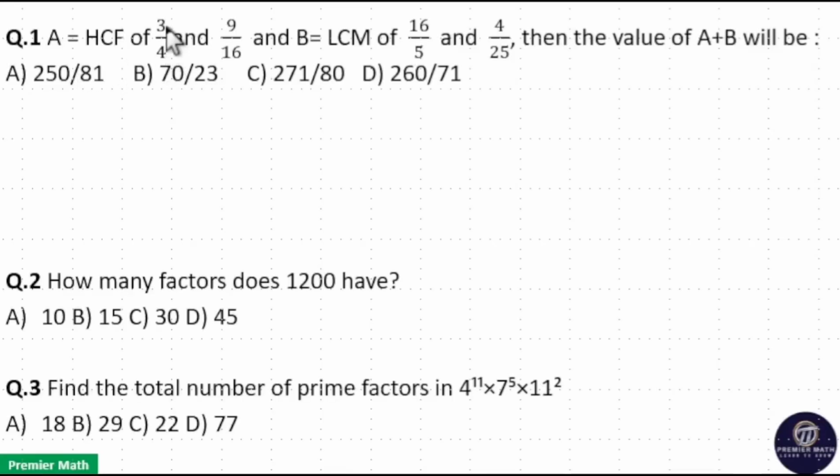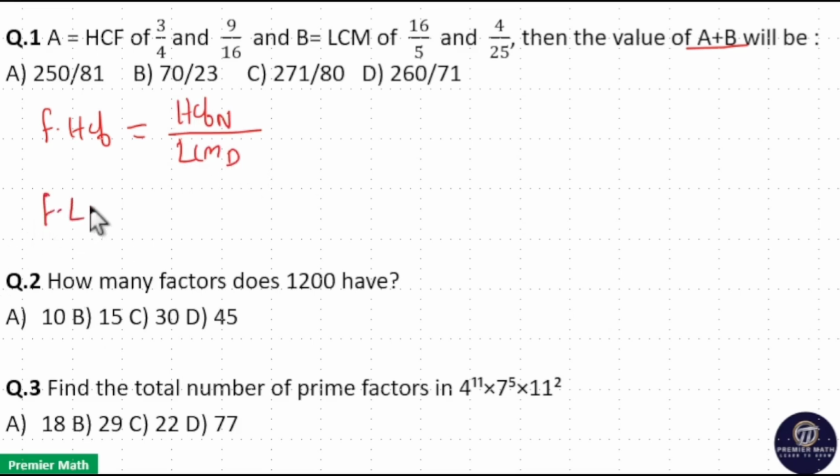A is equal to HCF of 3 by 4 and 9 by 16, and B is equal to LCM of 16 by 5 and 4 by 25. Then the value of A plus B will be? Here the fractional HCF, or HCF of given fractions, is equal to the HCF of numerators in the numerator and the LCM of denominators in the denominator.